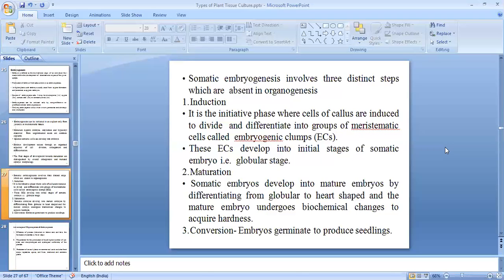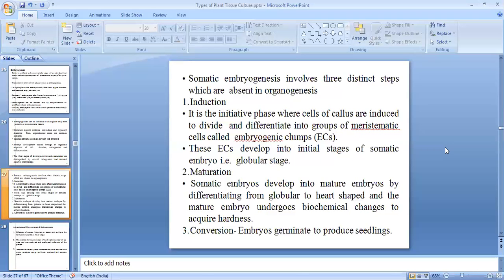Okay, so here what happens in the maturation, the globular stage is converted into heart-shaped cells and undergo many of the biochemical changes and they become hardened in nature so that it attempts to grow in the next stage. That is called as your maturation.